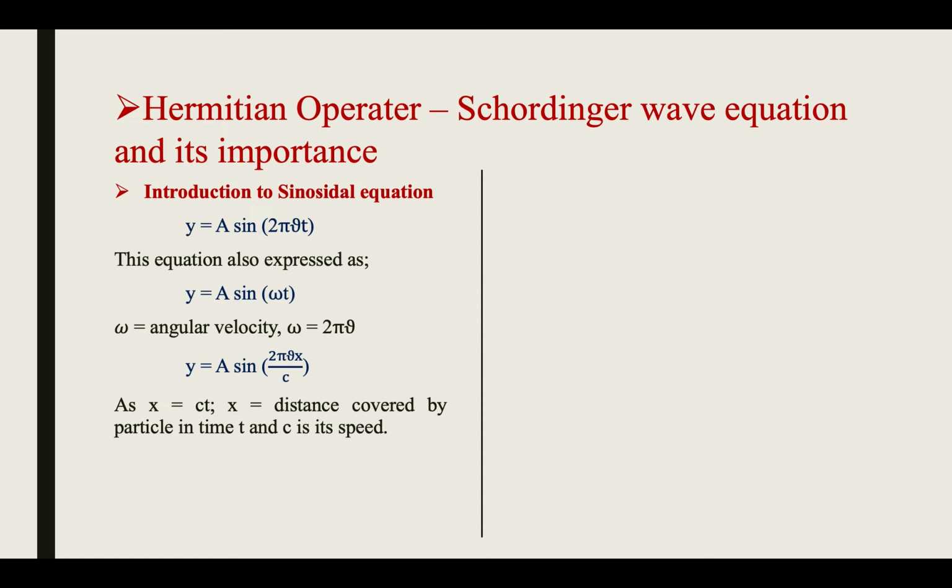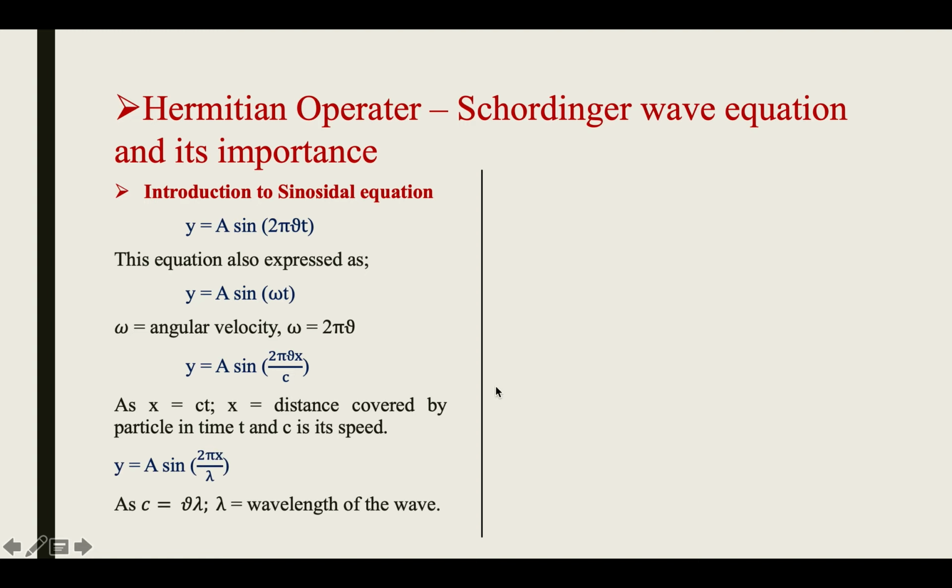If you replace t using x equals ct, where x is the distance covered by the particle in time t and c is its speed, you can write this equation as y equals a sine 2 pi nu x by c. Here they have replaced only the parameter t: instead of t, they have written x divided by c.